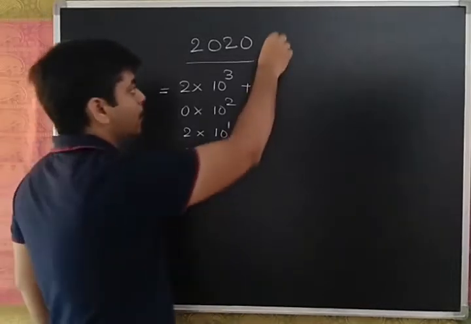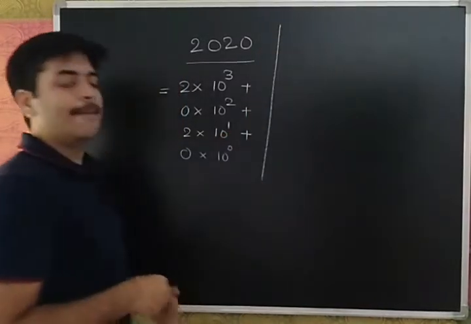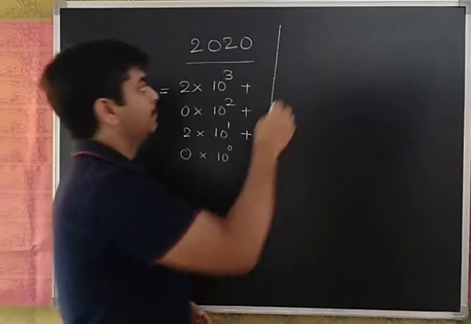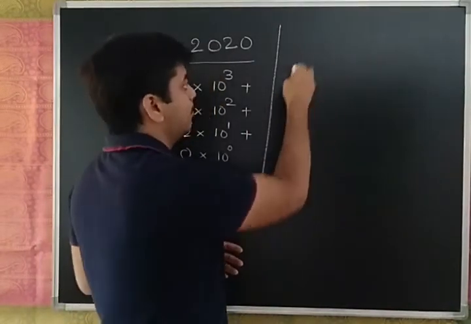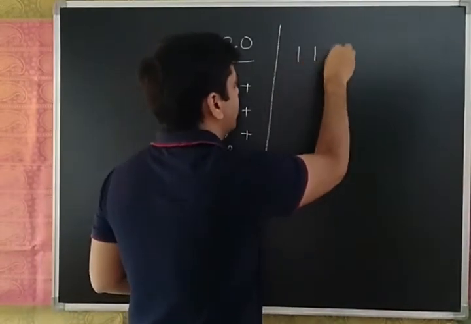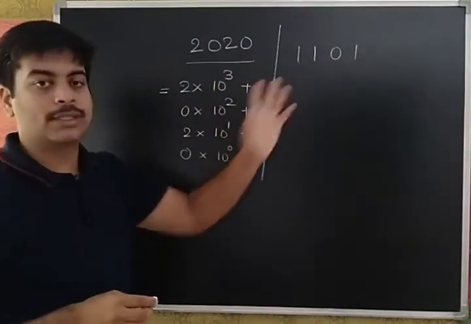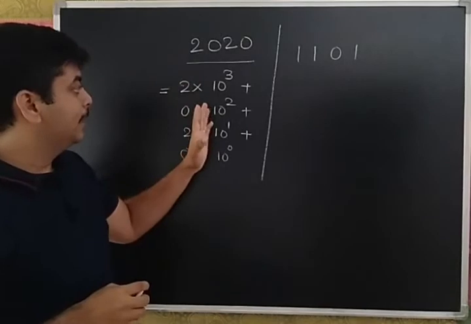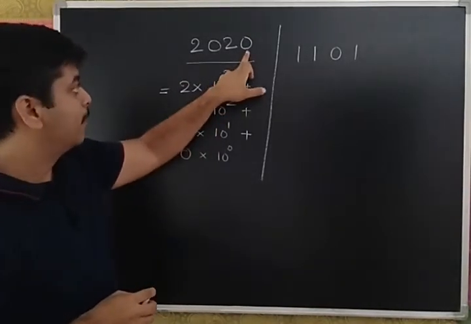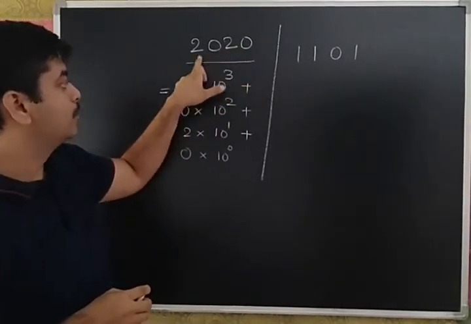The same thing is applicable to the binary system. For example, I'm just giving an example, let us take the number 1101. In the decimal system, it is 10 power 0, 10 power 1, 10 power 2, 10 power 3.